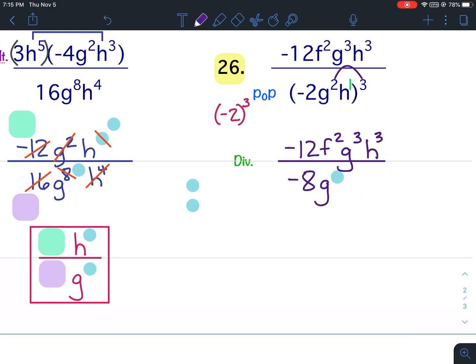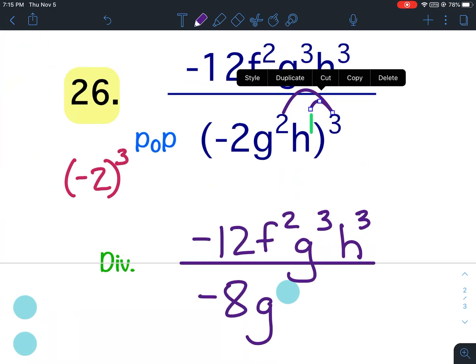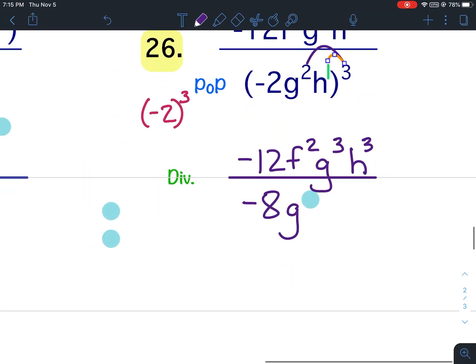And then multiply there to get your h exponent. Now you're ready to divide.